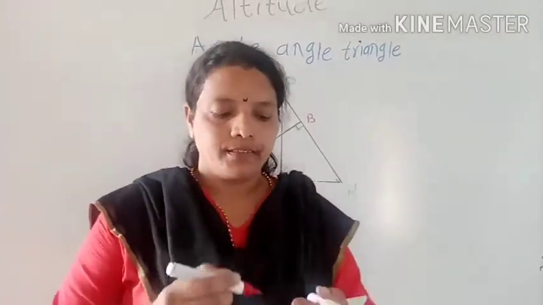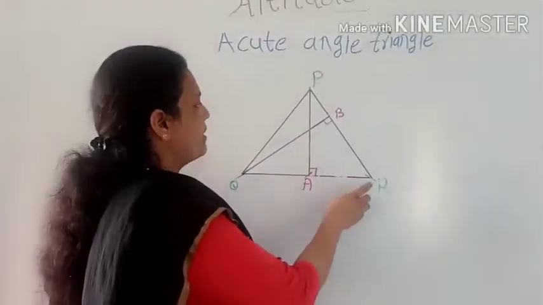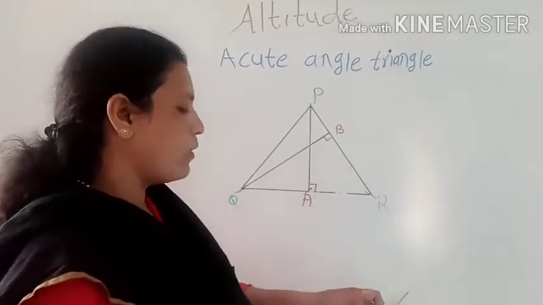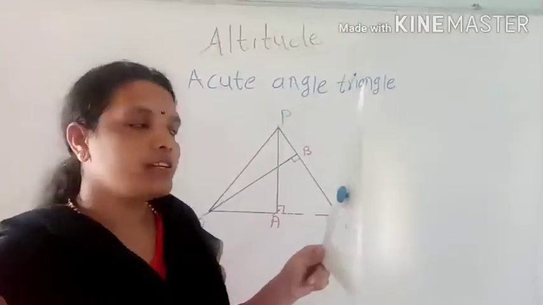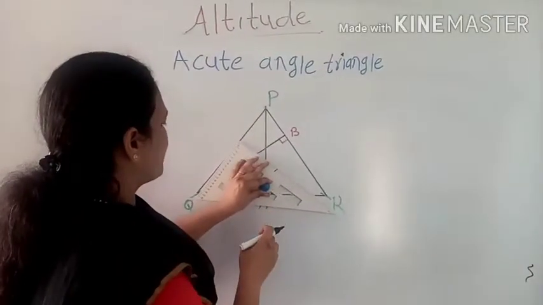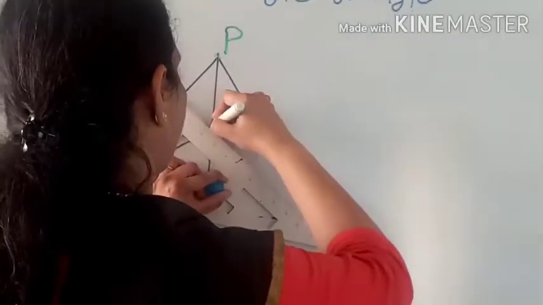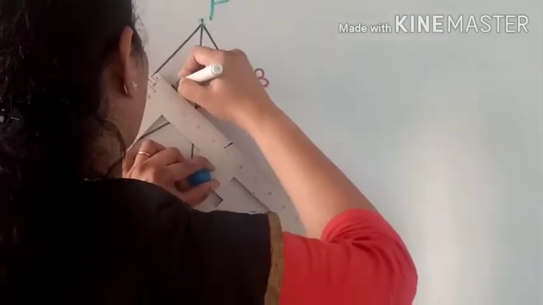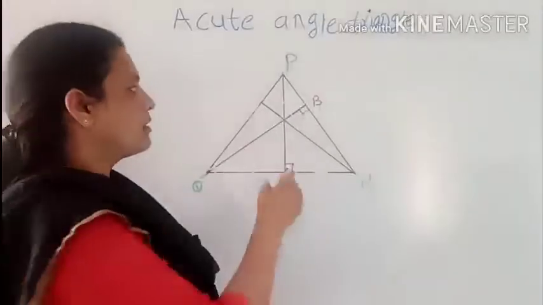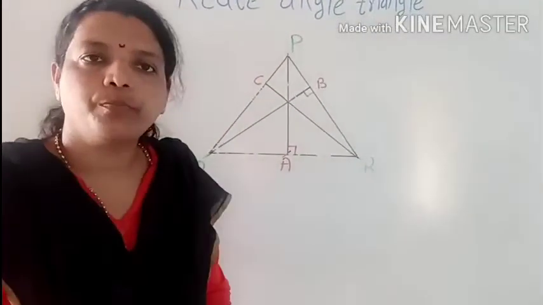Now we will draw the third altitude, that is from R. Now the perpendicular end should be on side PQ. We will give the name C. So RC is perpendicular to PQ.